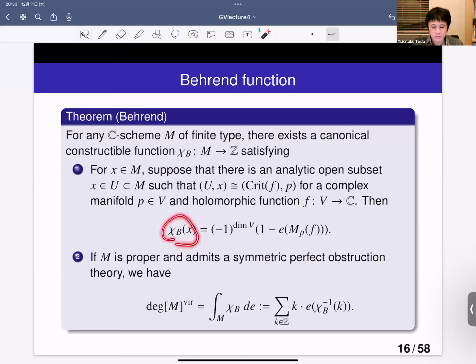So this Behrend function keeps track of the singularities of the moduli spaces. Using this Behrend function, we can also describe the degree of the virtual fundamental class. Again, this is a special feature of the Donaldson-Thomas invariant, and this is not available for other enumerative invariants.